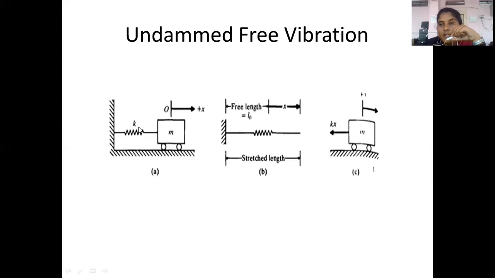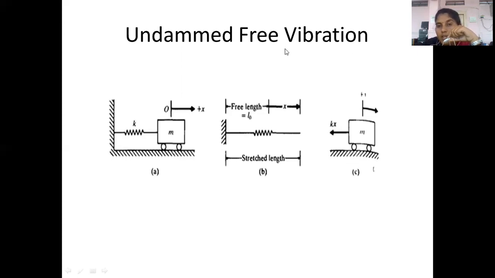The K parameter gives the restoring force K into x, where M is the mass on the system, x is the displacement, and there is a free vibration here.